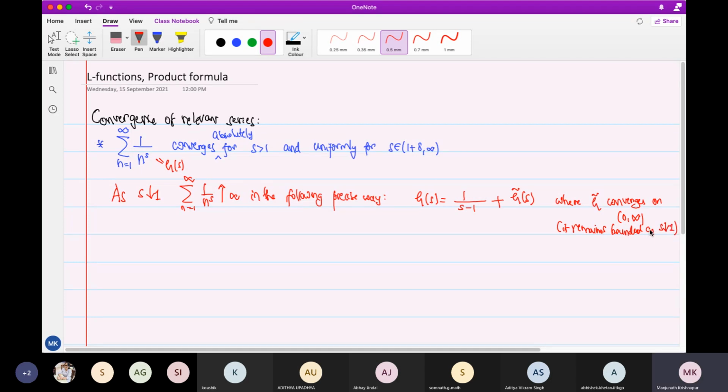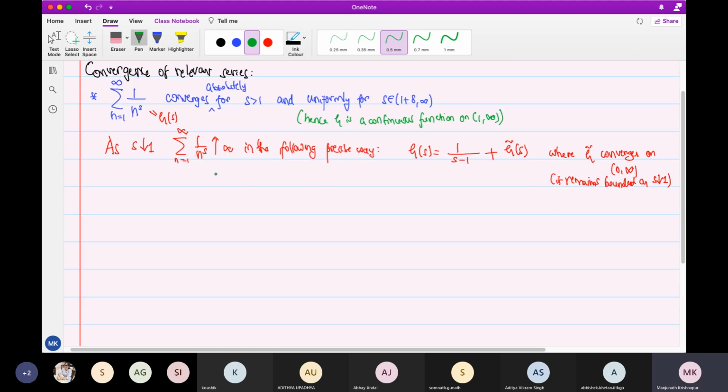At s equal to 1, it is well defined. I should have said this before: because of the uniform convergence on 1 plus delta to infinity, this is a continuous function of s on 1 to infinity.